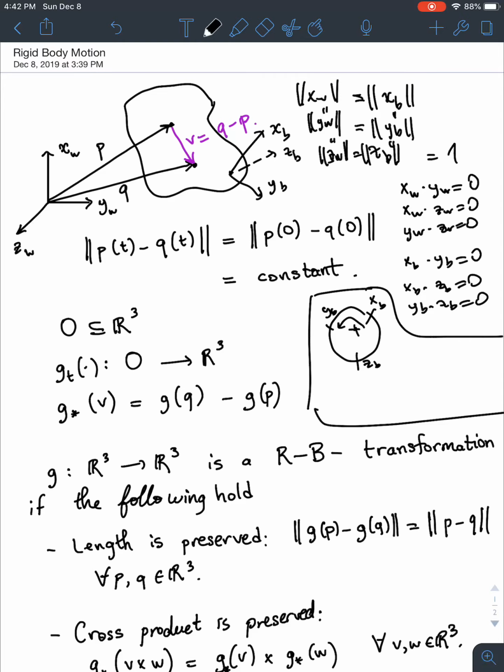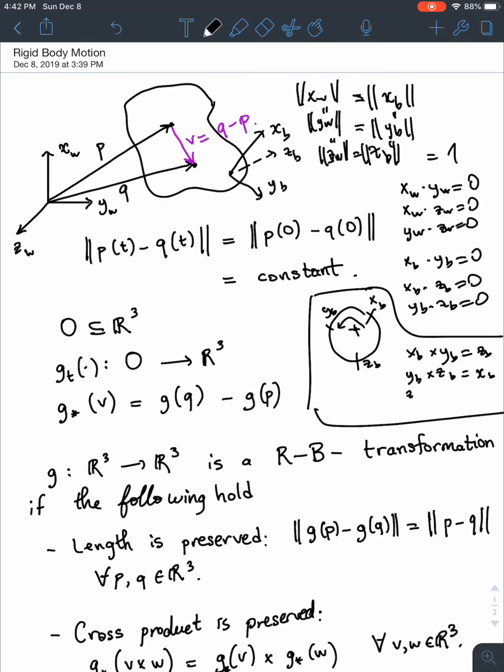Then if I go this way, xb cross yb, I must get zb. This is also true for the set of w vectors, and for any coordinate system. Similarly, going this way again, yb cross zb equals what? The one that remains, which is xb, and since I'm going in the counterclockwise direction, it is positive xb.